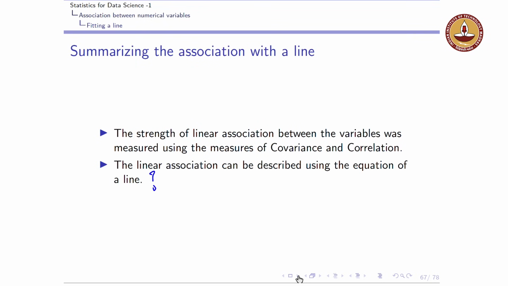The mathematics behind coming up with an equation of a line is beyond the scope of this particular course. You will be learning about how to come up with what we call the best line of fit in your future courses. But what I want you to see at this point is, yes, the relationship can be summarized. How do I summarize this?